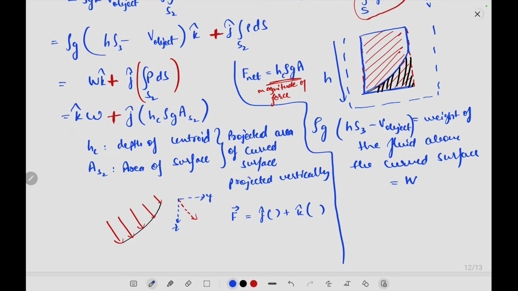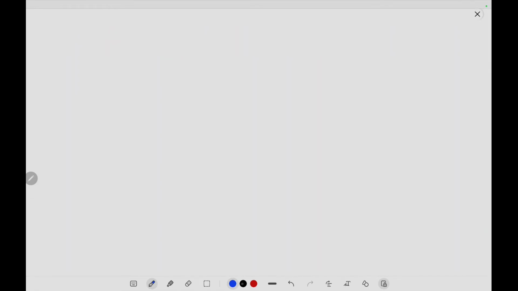Okay, all right, so let's briefly summarize the lecture. We were given a curved surface submerged in a fluid, and we were asked what will be the force on this curved surface from one side.